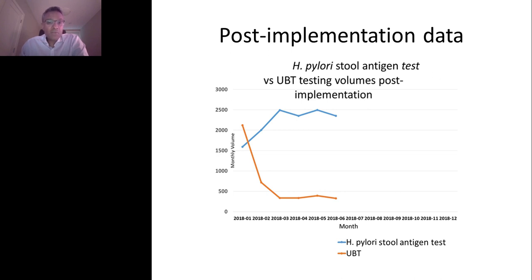So the changes in the screening algorithms went into effect and had the requisite impact, which was to switch the need from the urea breath test to the stool antigen test in order to improve access.